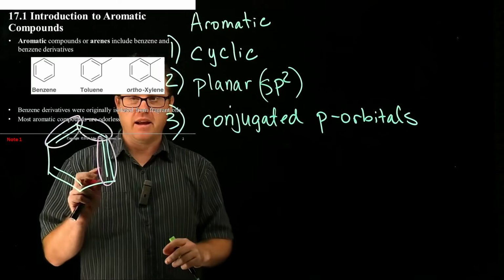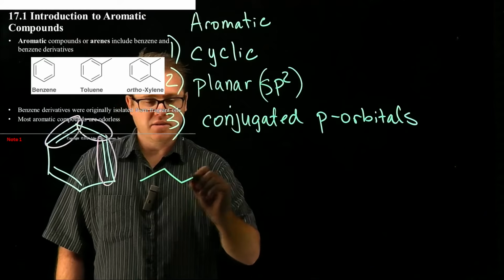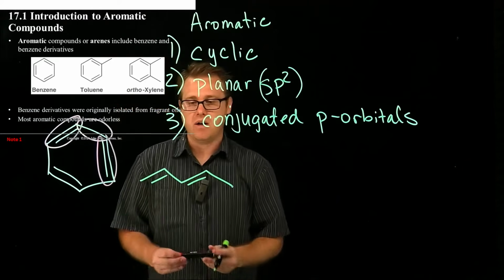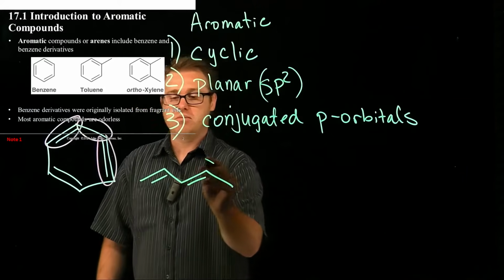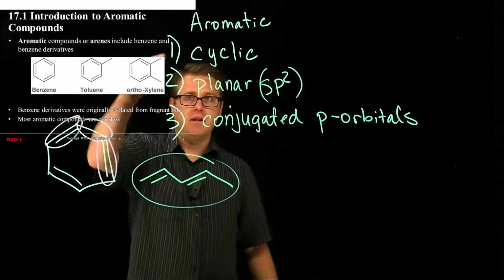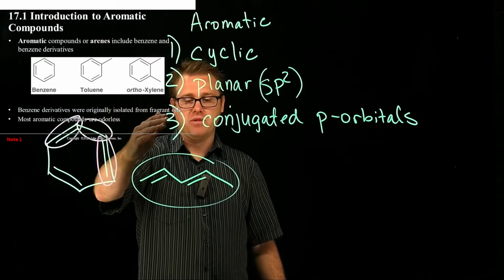So that right there is a conjugated molecule. If I draw this molecule right here, that is conjugated as well because you have double, single, double, single. But this molecule right here is not cyclic. So we're looking at cyclic, planar, conjugated p orbitals.